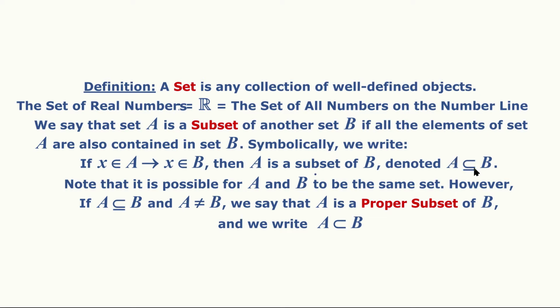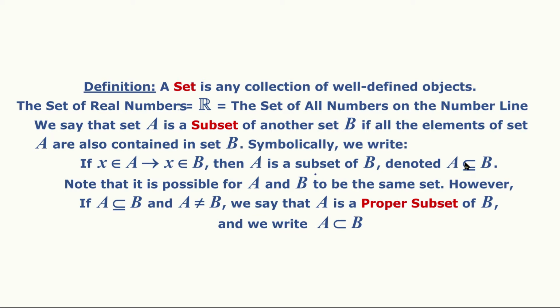It's kind of a sideways U with an equal sign on the bottom. Now, this just means A is a subset of B, but it doesn't rule out the possibility that A and B may be equal, right? That's why it says it's a subset, or it may be the same set.